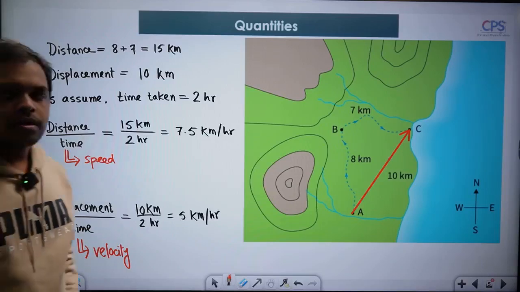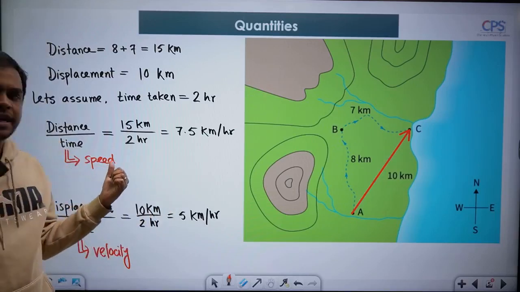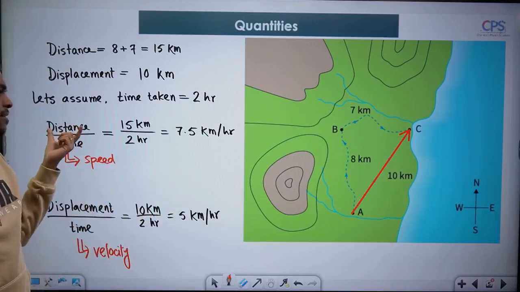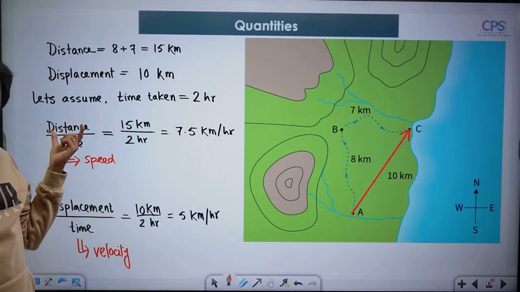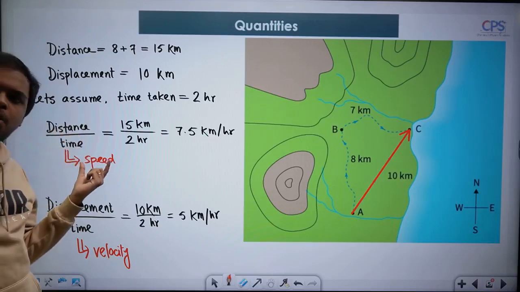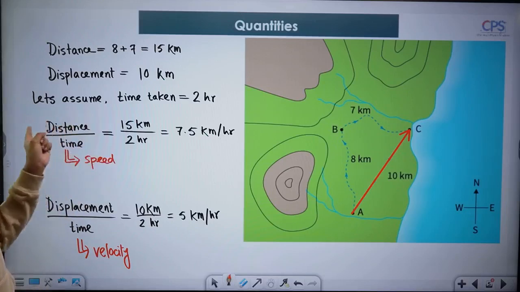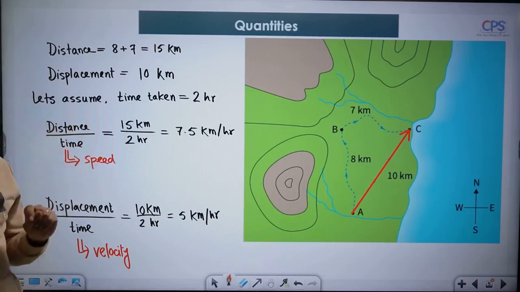So see, distance doesn't have any definite direction, that's why speed won't have any definite direction, because direction is nowhere in this equation.